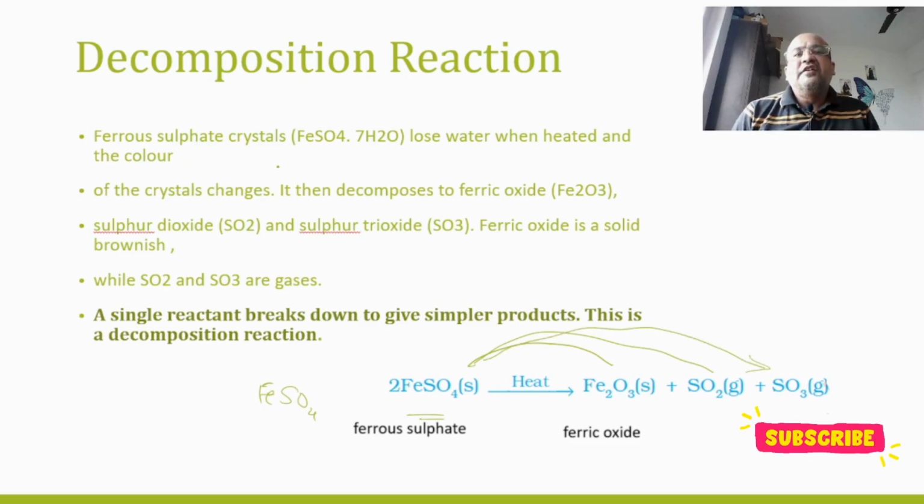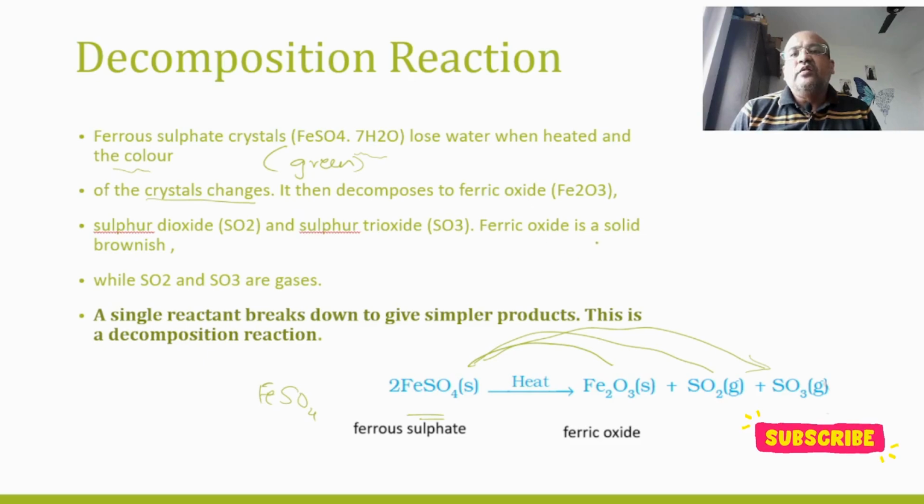These are the ferrous sulfate crystals. Water of crystallization is there, which is lost when heated, and the color of the crystal changes. So we have seen that this is greenish in color, and it decomposes to ferric oxide.